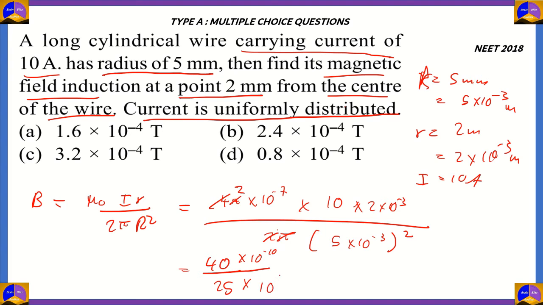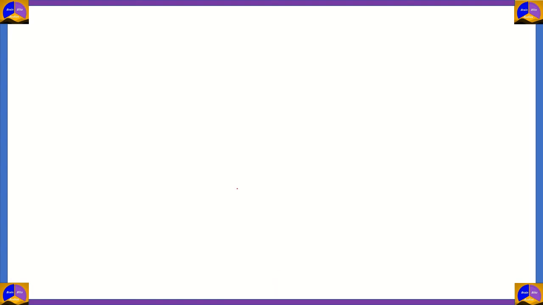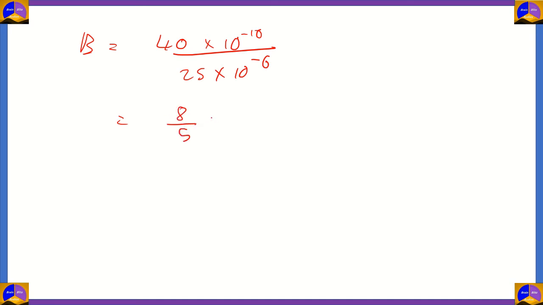So 25 times 10 raised to minus 6. So let's write that again. B is 40 into 10 raised to minus 10 divided by 25 into 10 raised to minus 6. So 40 by 25, when you divide both the numerator and denominator by 5, you get 8 divided by 5. And the power would become 10 raised to minus 10 plus 6.